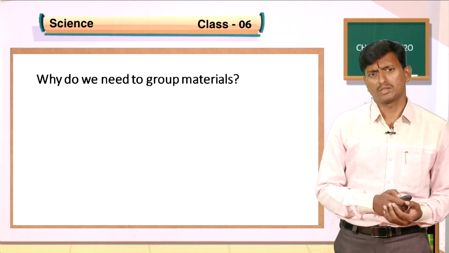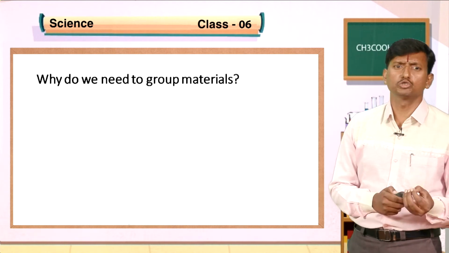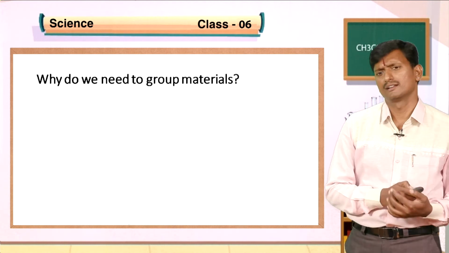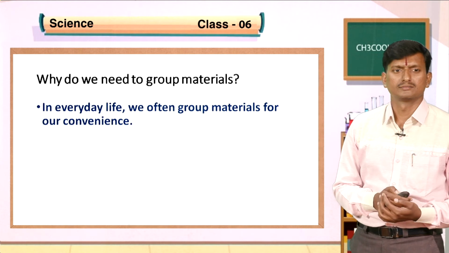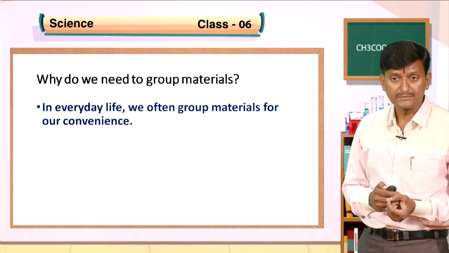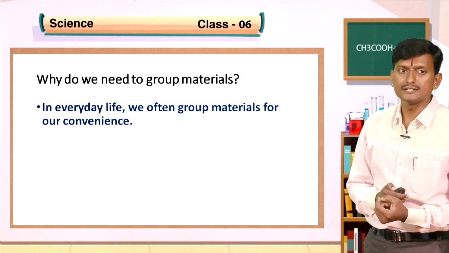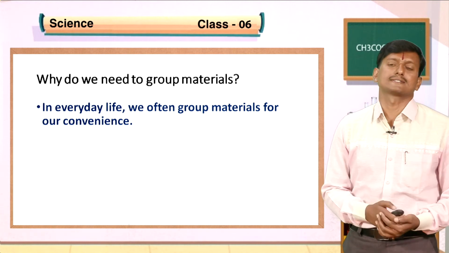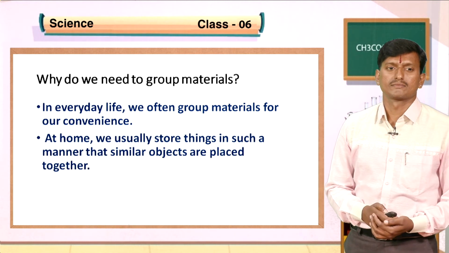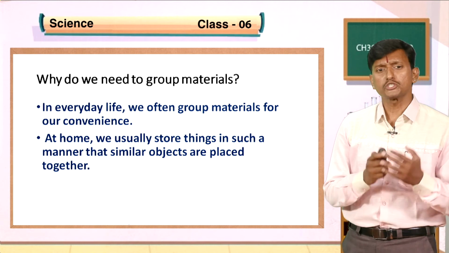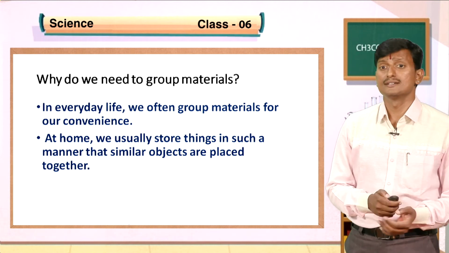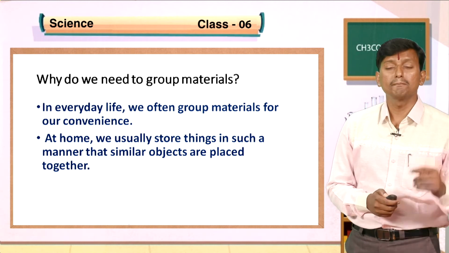Then, why do we need to group materials? What is the need? In everyday life, we often group materials for our convenience. At home, we usually store things in such a manner that similar objects are placed together.